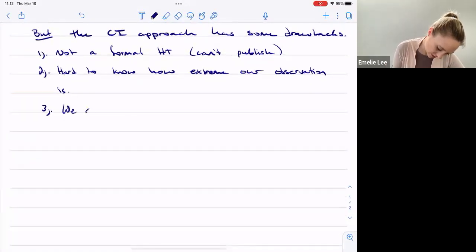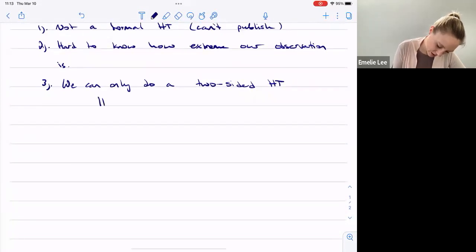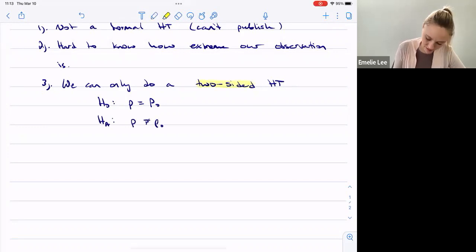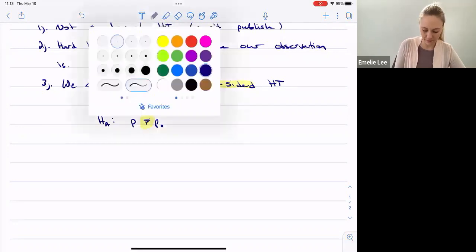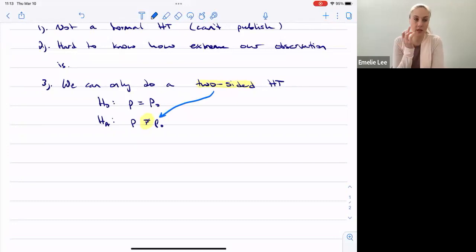So we can only do a two-sided hypothesis test, which is H naught is that P is equal to P naught, and HA is that P is not equal to P naught. Okay, so the two-sided is this not equal to, okay?